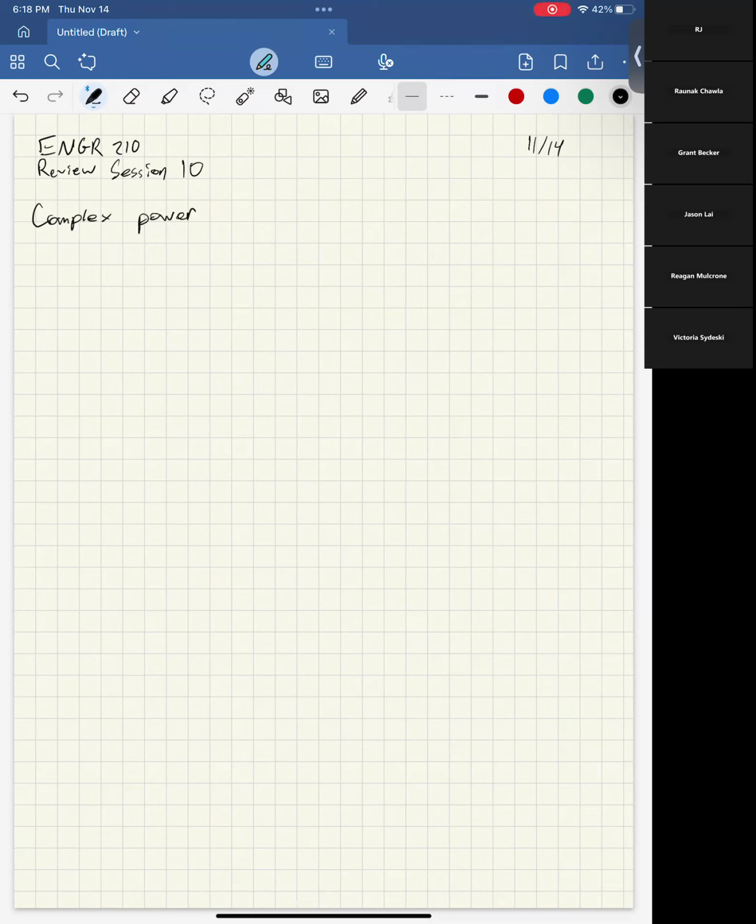The idea here being that if I have some circuit, and it has some voltage, but we're in the frequency domain, and we've got some current and some components, we can express the power as some kind of complex power that we call S. And S is equal to 1/2 of V times I conjugate.